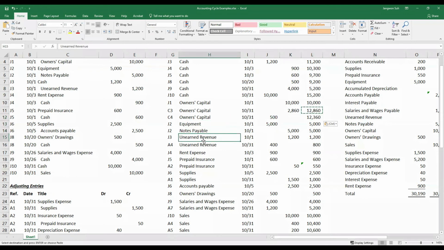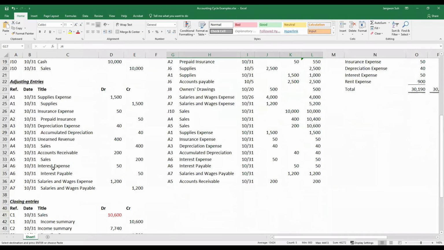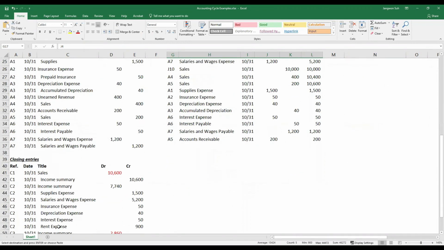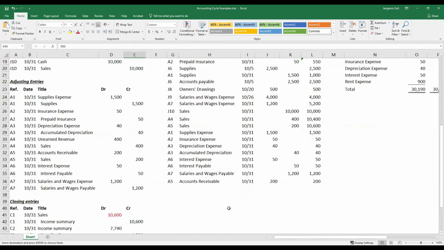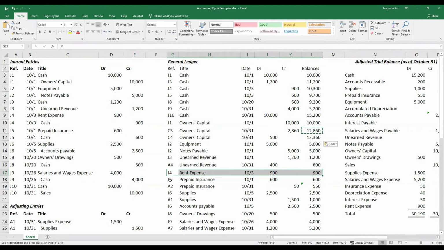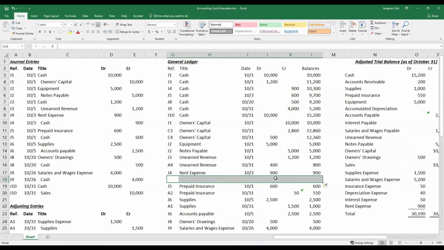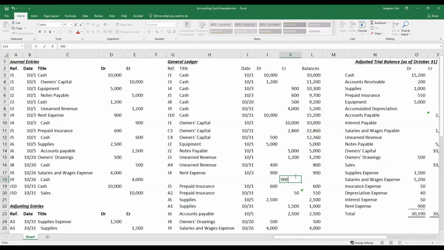Equipment, notes payable, unearned revenue, they are all permanent accounts, so they are not affected. Rent expense, this is an expense item, and we saw that rent expense is subsequently credited in the closing entries, C2, right?